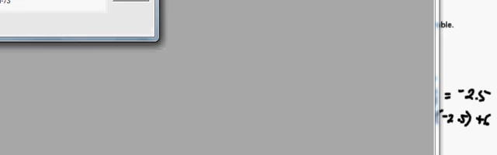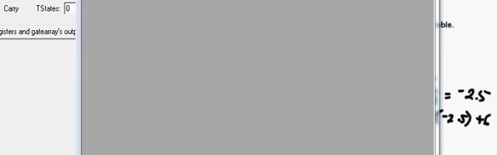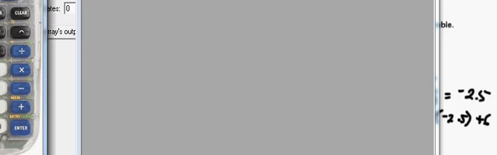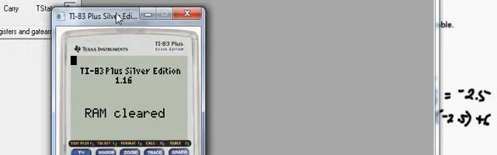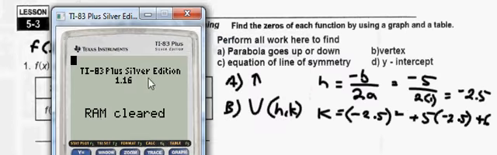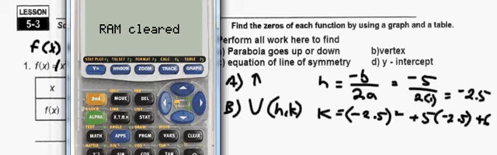let's quickly go to our calculator here. I'm going to have to push this up in order to get the calculator.